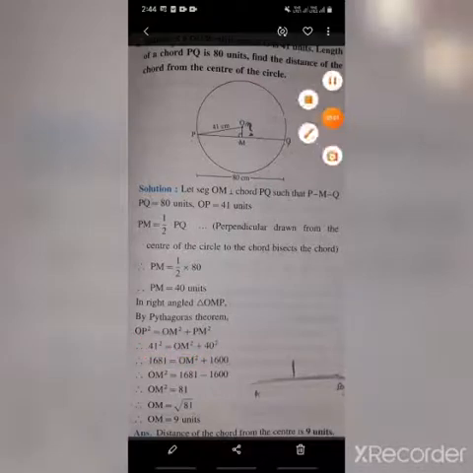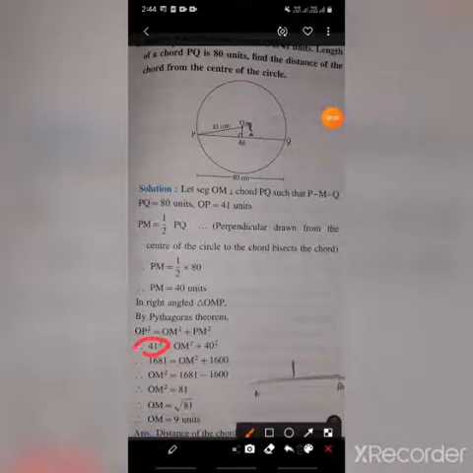Then 41 square is 1681, OM square as it is, and 40 square is 1600.